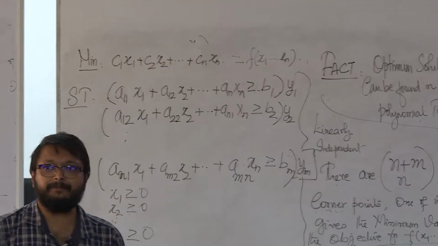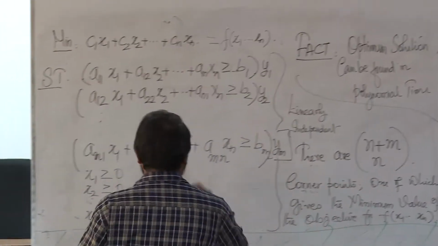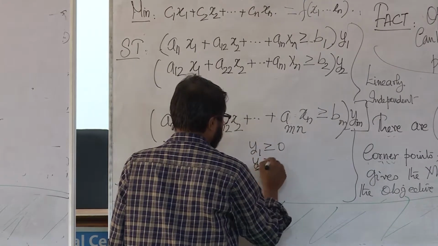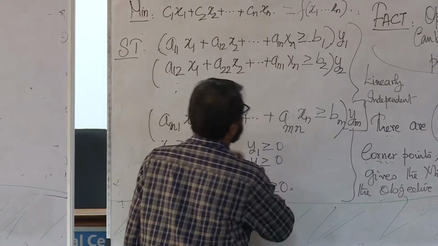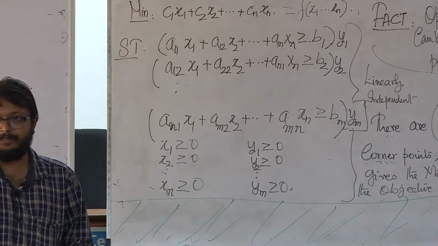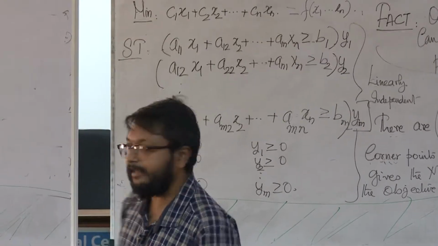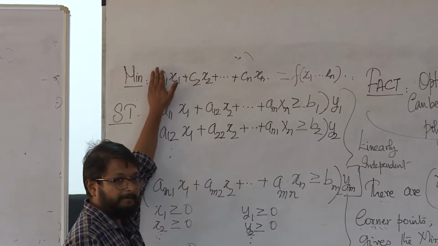I am going to multiply each equation with a variable, which I assume y1, y2 and so on are all positive. Is this very clear? So you are given a linear program like this. This is what is given to you.